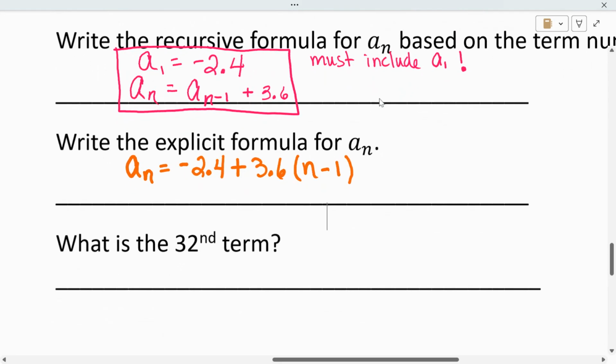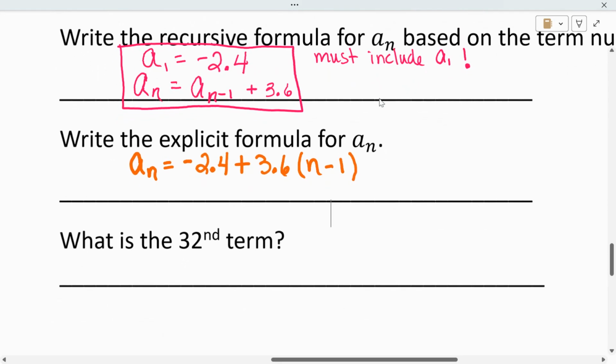This last question about this sequence says, what is the 32nd term? Kylie, what formula setup do we have to use if we want a specific term number? Are we going to use the recursive or the explicit?